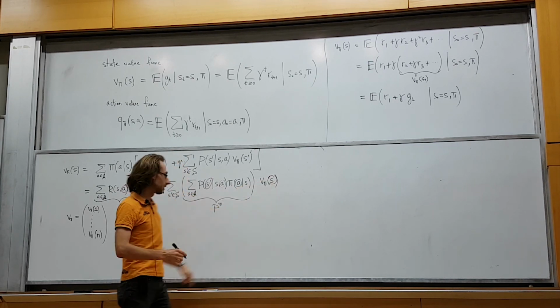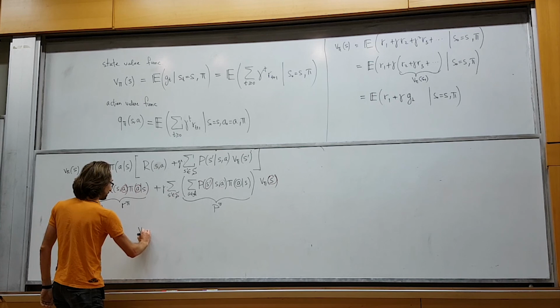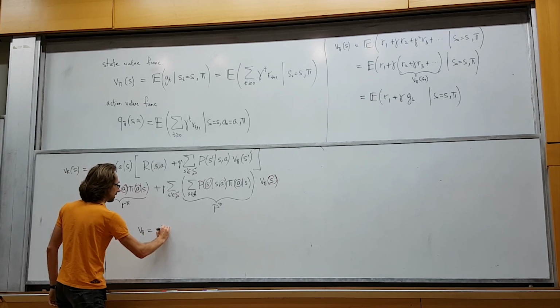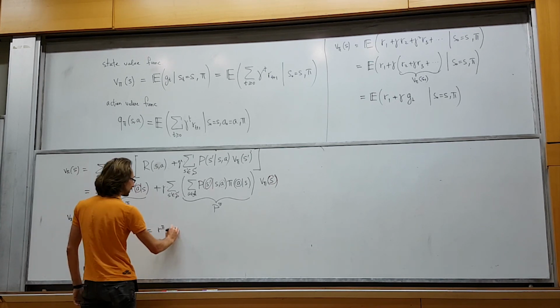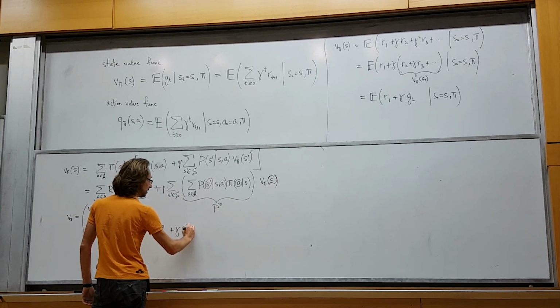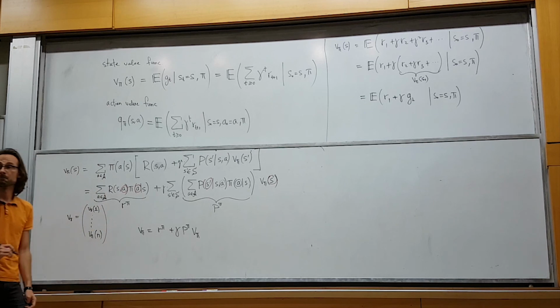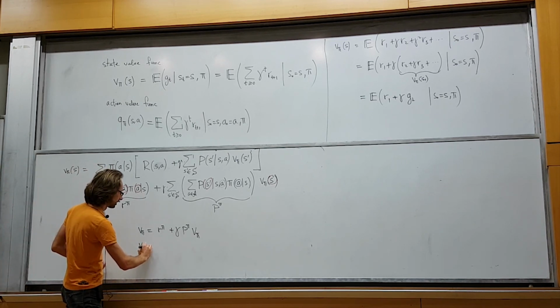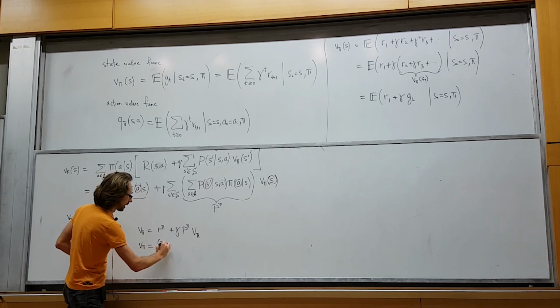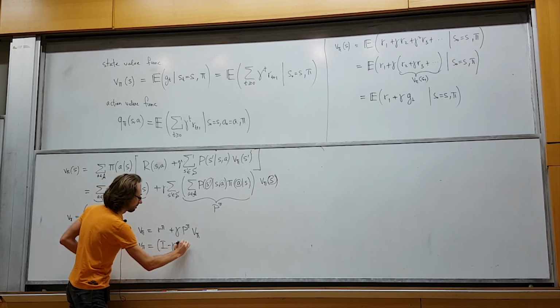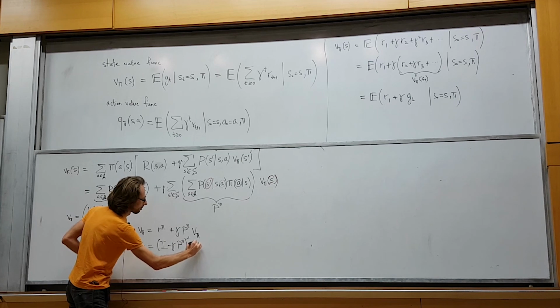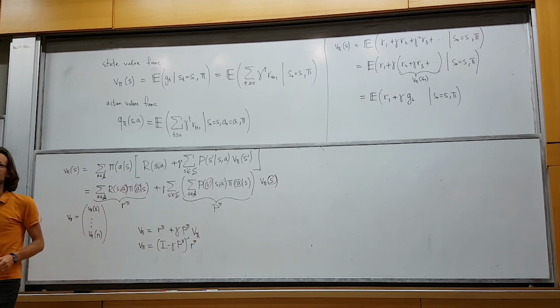So I can write V pi equals R pi, both vectors, plus gamma P pi V pi. Then of course I can simply solve for V pi: I minus gamma P pi inverse times R pi. So given a policy, I can actually solve for the value function.